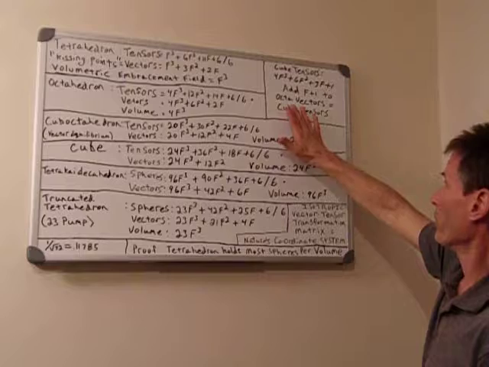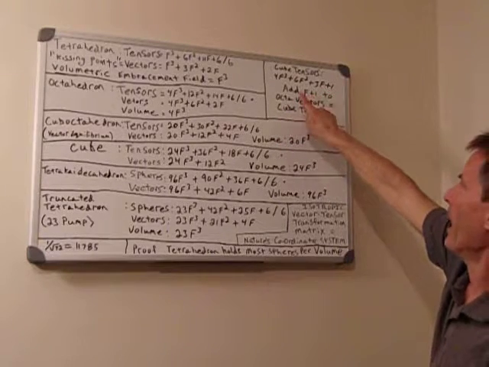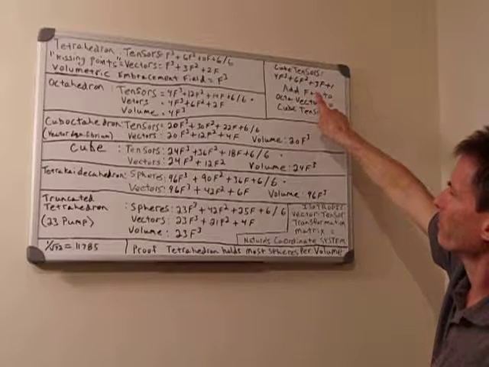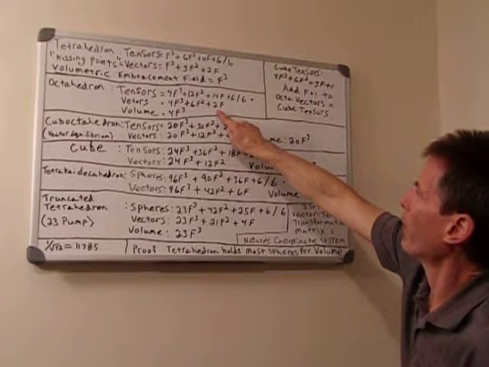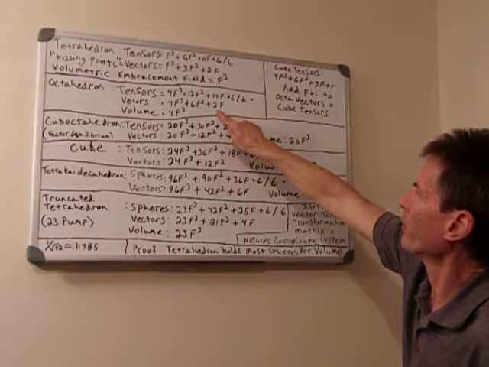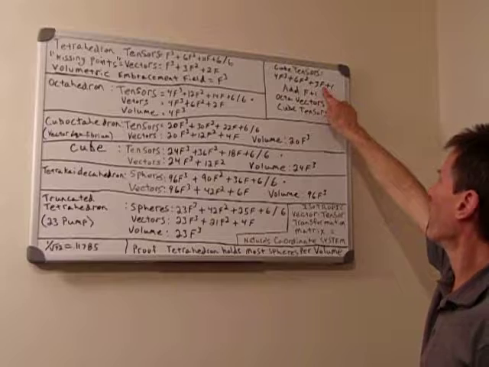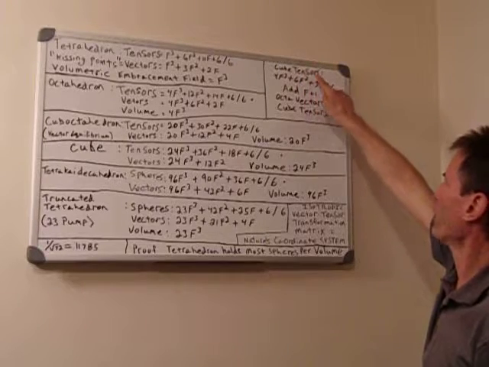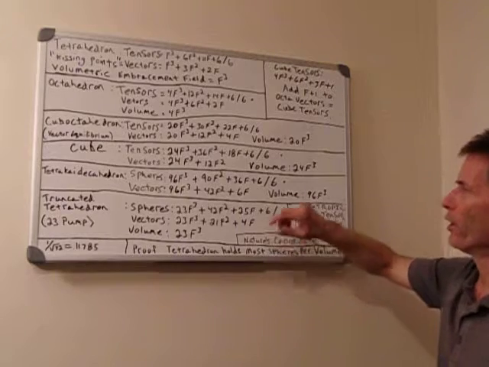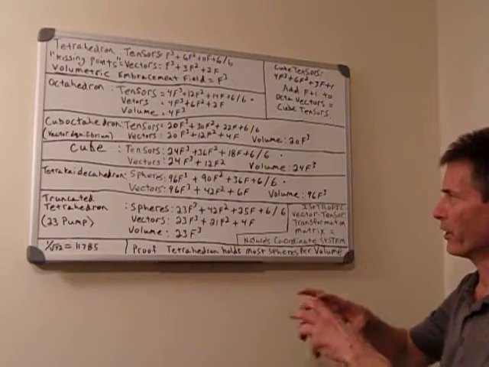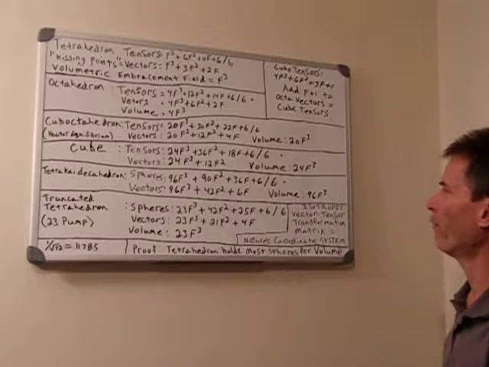The octahedron's vectors, add f plus 1, so that it equals 4f to the third power plus 6f to the second power plus 3f plus 1, which is identical to the cube's tensional field, which holds the total number of vectors into their self-stabilizing intertriangulated form.